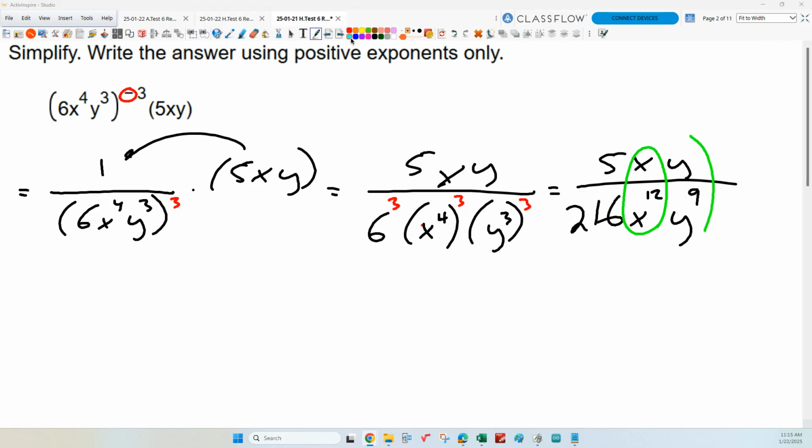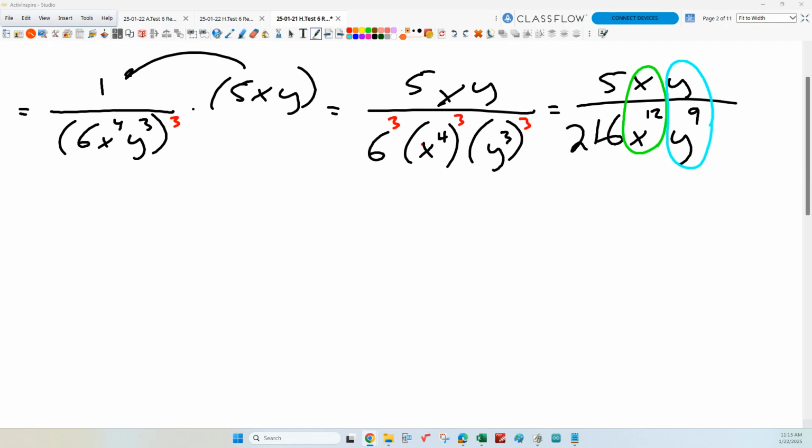how do I simplify that if I'm dividing like bases? What does x divided by x to the 12th end up being? Say it again. X to the 11th where? On the bottom, right? And remember the shortcut rule.